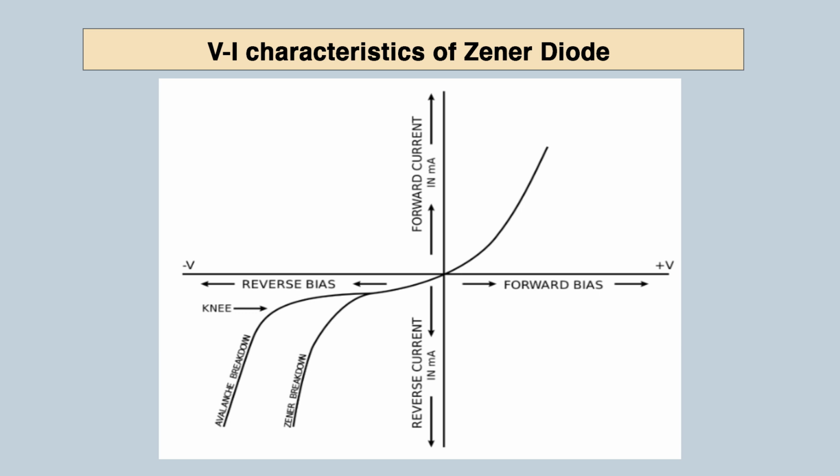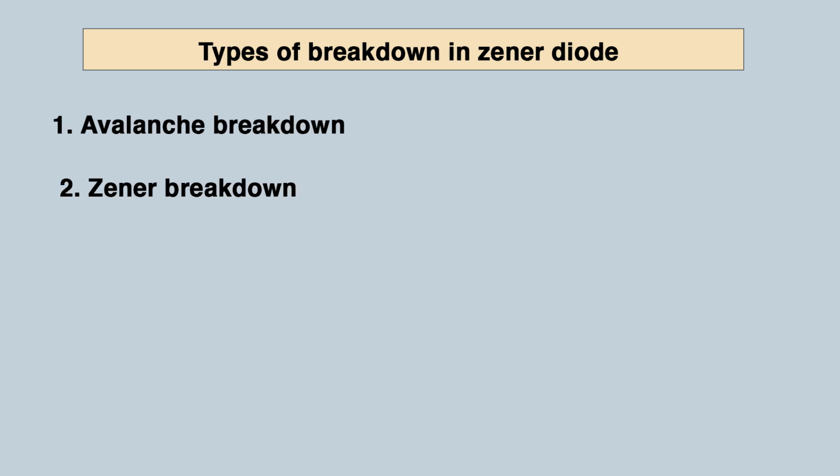Here you can see that the voltage is negative. The voltage we have applied is in the reverse biased condition. That is, the negative terminal is provided with a positive voltage and the positive terminal is applied with a negative voltage. So we can see there is a Zener breakdown voltage and there is an avalanche breakdown voltage.